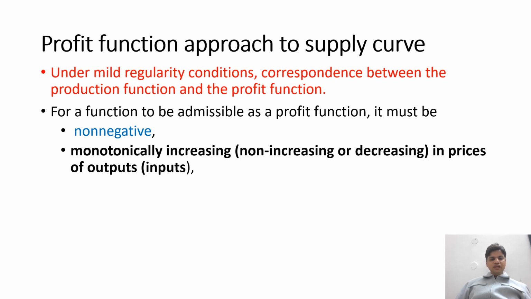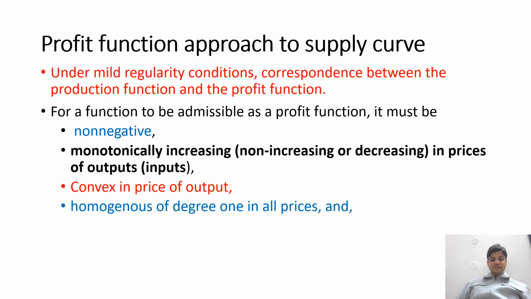And then when the price of input alone increases, the profit must decrease. It should never increase. Then convex in price of output. Yes, obvious it is. If you plot the profit on one side and the price on the x-axis, then you will find that the curve will have a convex shape, convex to the x-axis.